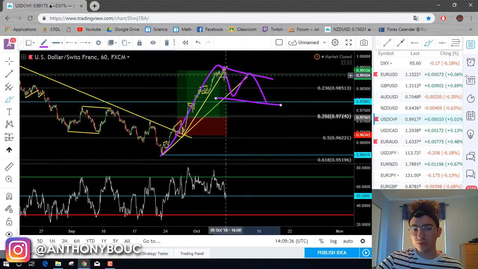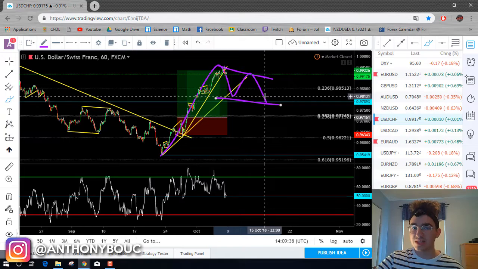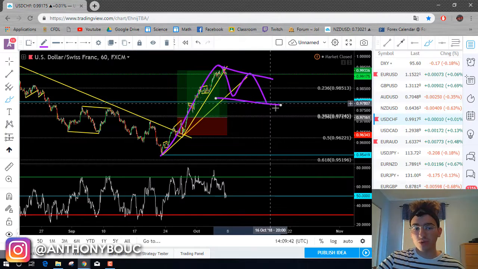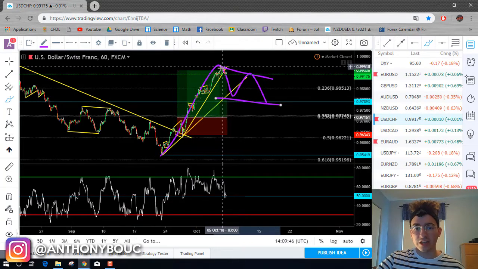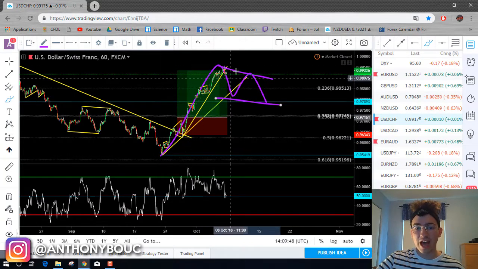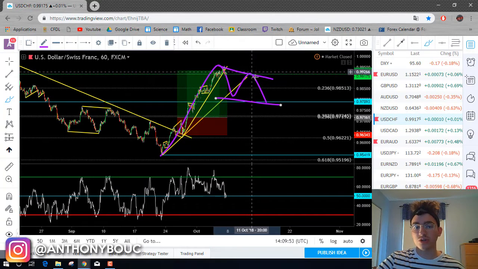It doesn't have to take that form and that specific pattern. I'm just showing it as an example, but it can come back pretty deep, since this went very strong and created a big upside move. So it doesn't have to just be a small correction here and go back up. It can also be a much bigger correction before it goes back up.